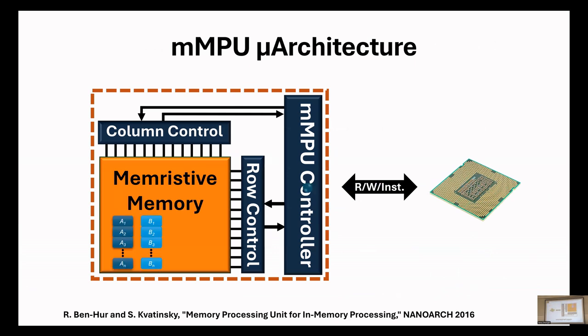If we have the data inside the memory, the CPU sends an instruction, the controller of the MPU divides it into NOR operations, and then these operations are sent to the memory and converted to voltages that are applied on the rows and the columns of the memory, according to the operation that we want to do. Then we get the result inside the memory without any need to transfer the data outside of the memory, only the instructions.